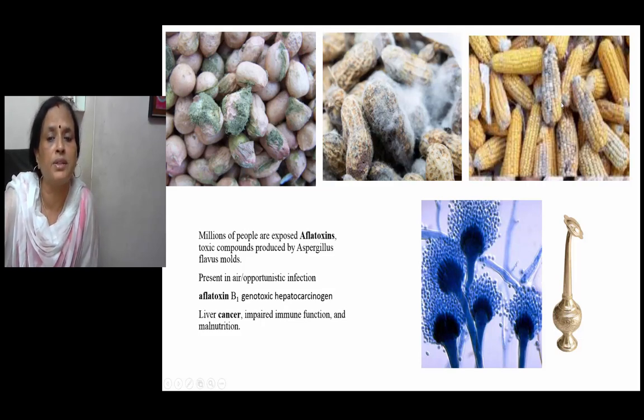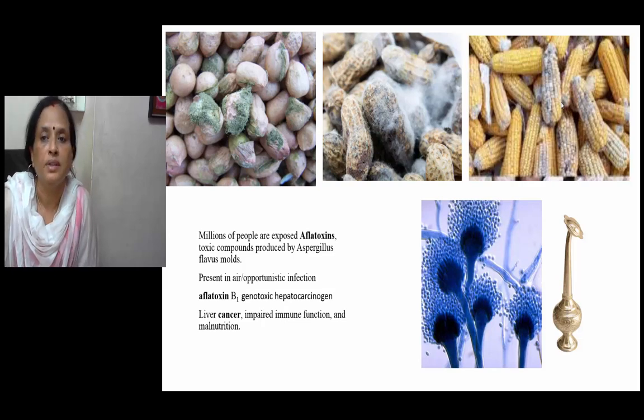All these are contaminated by aflatoxins. It is aflatoxin B1, a derivative, which is a genotoxic hepatocarcinogen. It produces hepatocellular carcinoma, so it is one of the etiological factors or risk factors for hepatocellular carcinoma, which we call hepatoma, or the common man calls liver cancer.